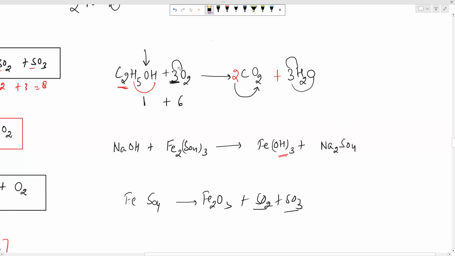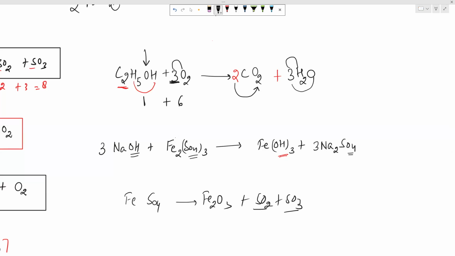First, I'm going to explain this one. First, you will balance the polyatomic ion. How many polyatomic ions are there? OH is 3, and there is only a single OH, so multiply by 3. OH is balanced. How many sulfate ions are there? 3, and here 1, so multiply by 3.